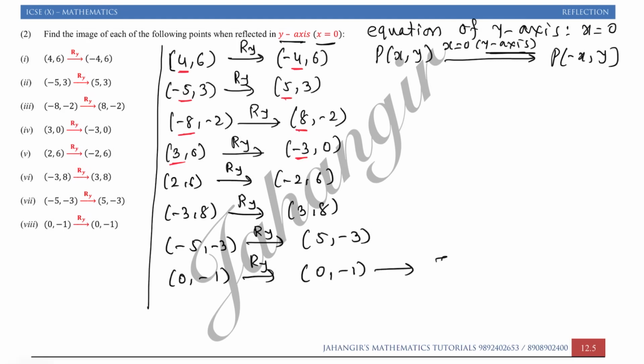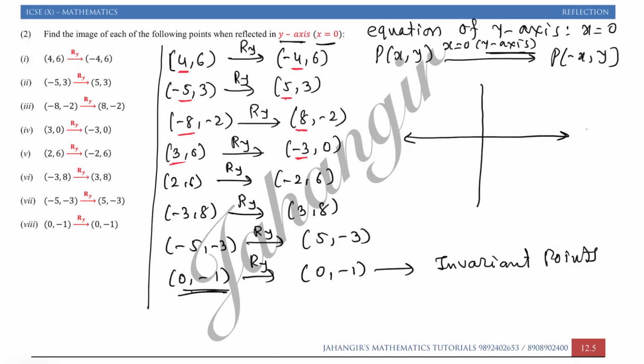This is called an invariant point. Because this point lies on the y-axis, any point that lies on the y-axis is invariant in the y-axis. Invariant means it will not change its position. Let us say this is the x-axis and this is the y-axis, and there is a point (0, minus 1).